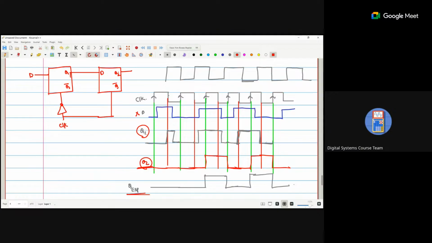And what is Q expected? Q expected is the positive edge trigger.